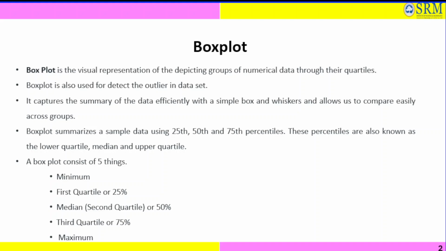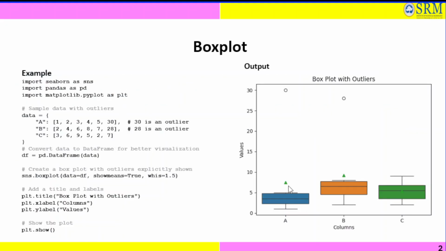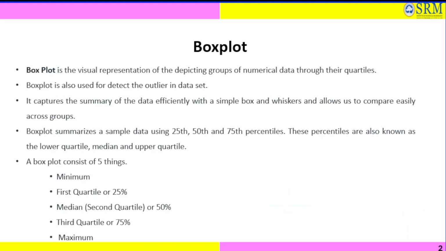Outliers can be visualized as points that fall outside the whiskers of the box plot. Whiskers are nothing but, here you could see, these lines are called whiskers. Some points are outside the range. That is called outliers. So outliers can be visually detected as points that fall outside the whiskers.